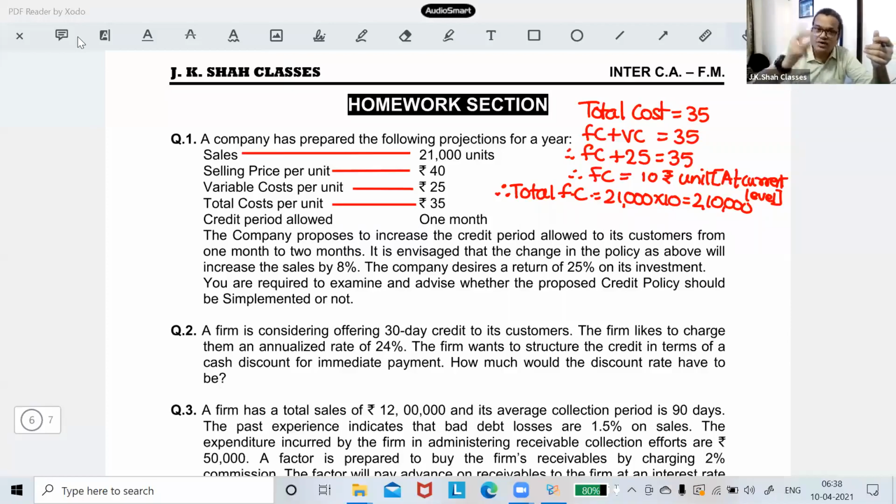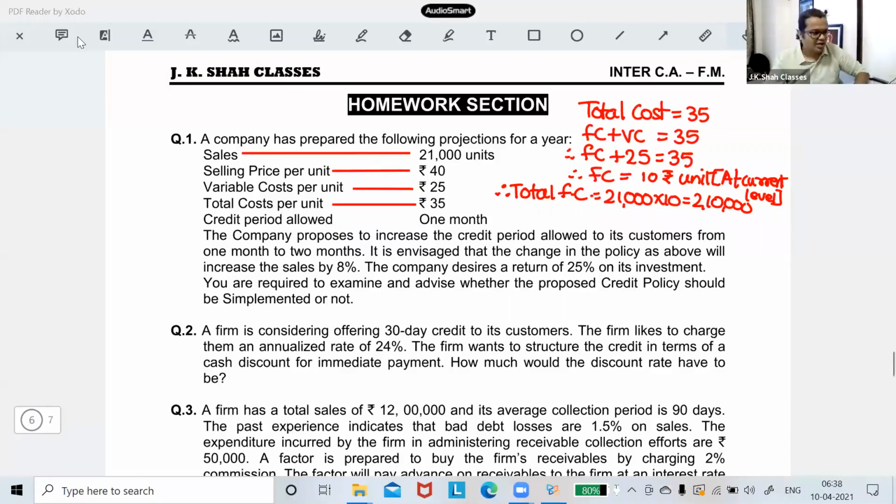The fixed cost of 15,000 per shop will increase to 30,000, assuming one shop is 15 and second shop is also 15. So my fixed cost can also change, but then that has to be given in the question. Otherwise, you'll assume earlier also he was doing business in one shop, now also he does business through that one shop only. So fixed cost remains same.